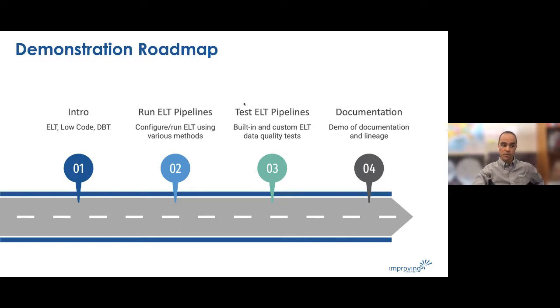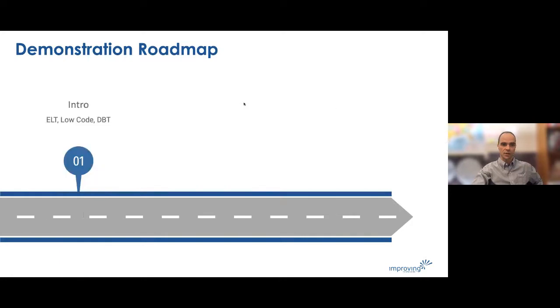And I'm going to show some examples and also how easy it is to build tests. And then the last phase of this is going through documentation and lineage, one of the key missing points that I find on teams, where it's really difficult to understand what's in your data, what your data structures are, how they're related and things like that, but also how DBT handles lineage as a part of your operational running of your code. So let's get started.